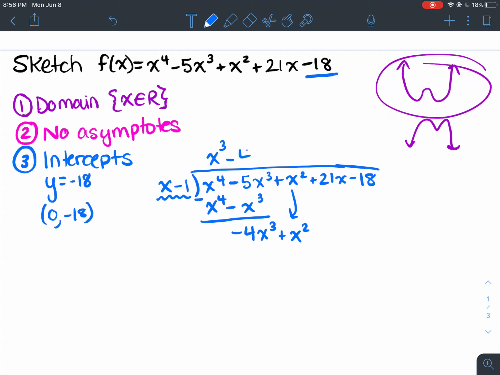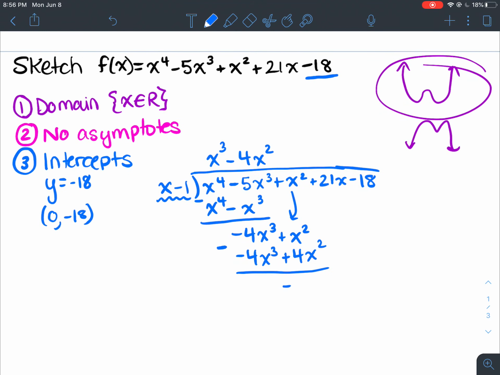It goes in -4x squared times. Now we multiply -4x squared by x, and we get -4x cubed, and then we multiply it by -1, and you get positive 4x squared. Okay, then we subtract again. Then we get -3x squared, and we bring down the 21x.